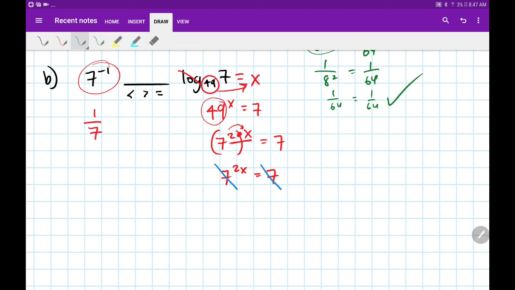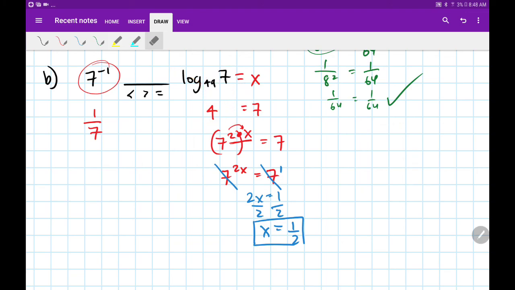But wait a second, what's the exponent here? If you said 1, then you're thinking on your toes. The invisible exponent is 1. So I'm going to have to set 2x equal to 1, divide by 2, and we find that log base 49 of 7 is really just 1/2.